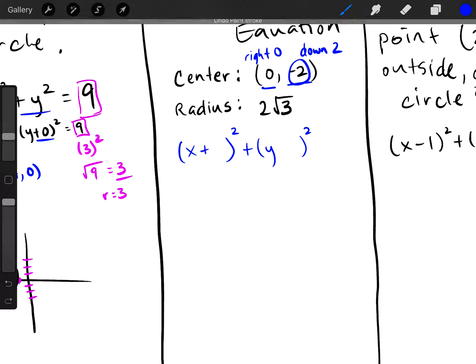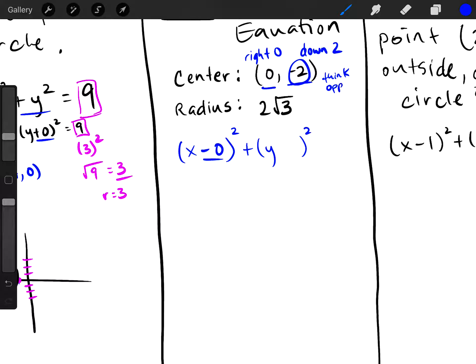That minus 2 is telling us to go down 2. So if we add that into our equation, it's x plus something squared, y plus or minus something squared. Since we're going right 0, we can just say x plus 0. Or if you really want, you could say x minus 0, and it makes no difference because it's 0. That's telling us to go left or right 0.